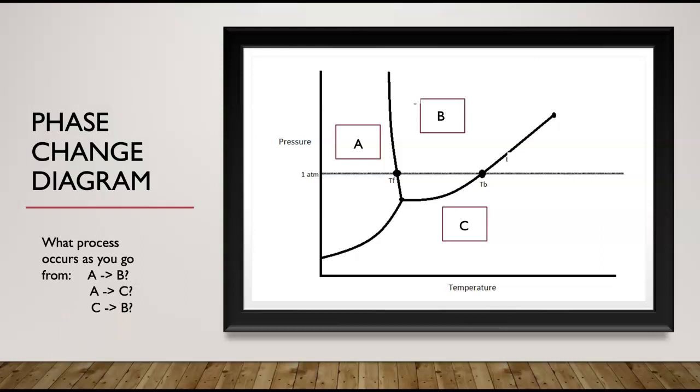What are the names of the process when water turns from A to B, A to C, C to B? All right, let's see how you did. Do you think of melting, sublimation, A to C, a solid to a gas, and C to B, condensation? All right, where is the critical point?